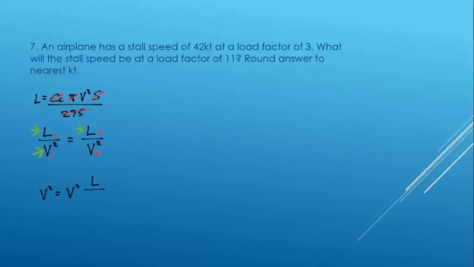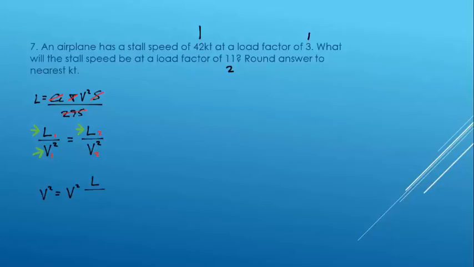It is equal to the condition 2 parameters. That is the stall speed of the airplane. This is in the first condition. Load factor of 3 is in the first condition. Stall speed at a load factor of 2, which is the second condition.